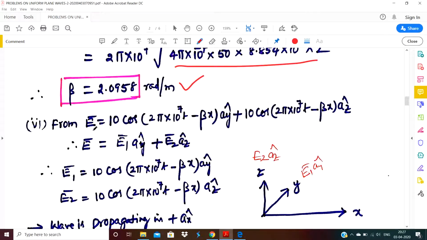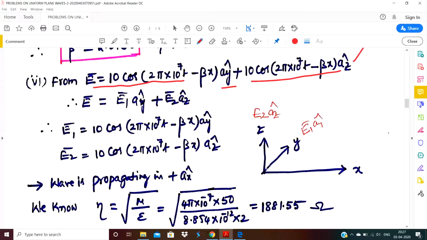From the given electric field expression, we can see, as I already told you, the minus x indicates the direction of propagation is along the x-axis, and the field has two components. After multiplying, the first part is along the y direction, and the second part of the electric field intensity is along the z direction. Suppose we assume E bar as E1 plus E2, that is E bar equals E1 into a_y cap plus E2 into a_z cap.